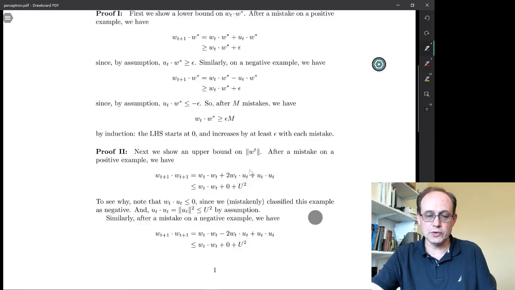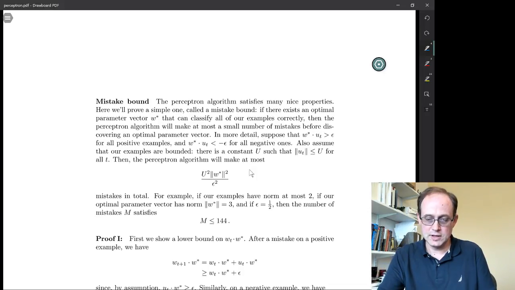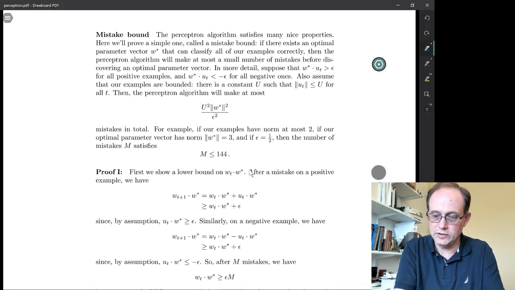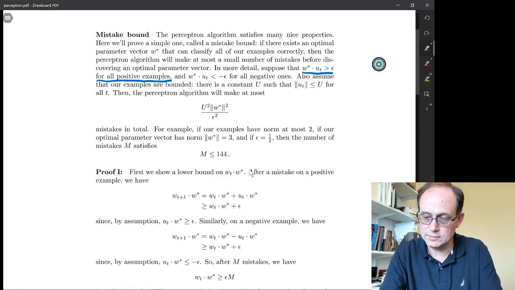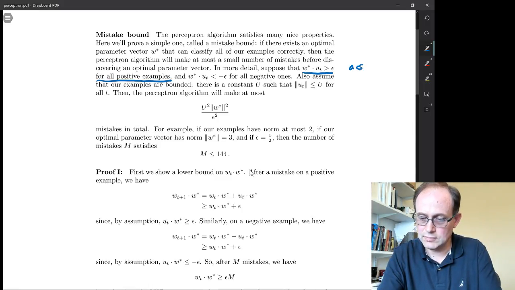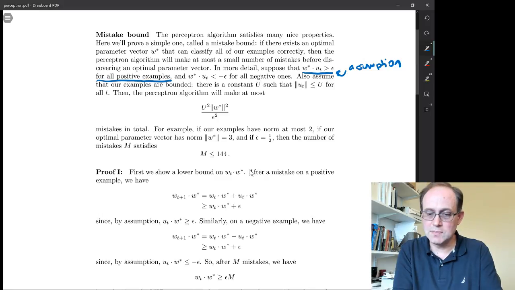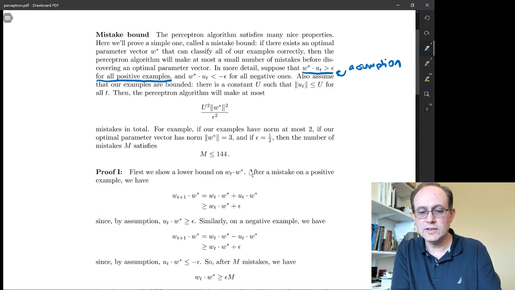Or you could go through and mark something as an assumption. So here, that is an assumption. And you can tell, it's marked by English that says it's an assumption.